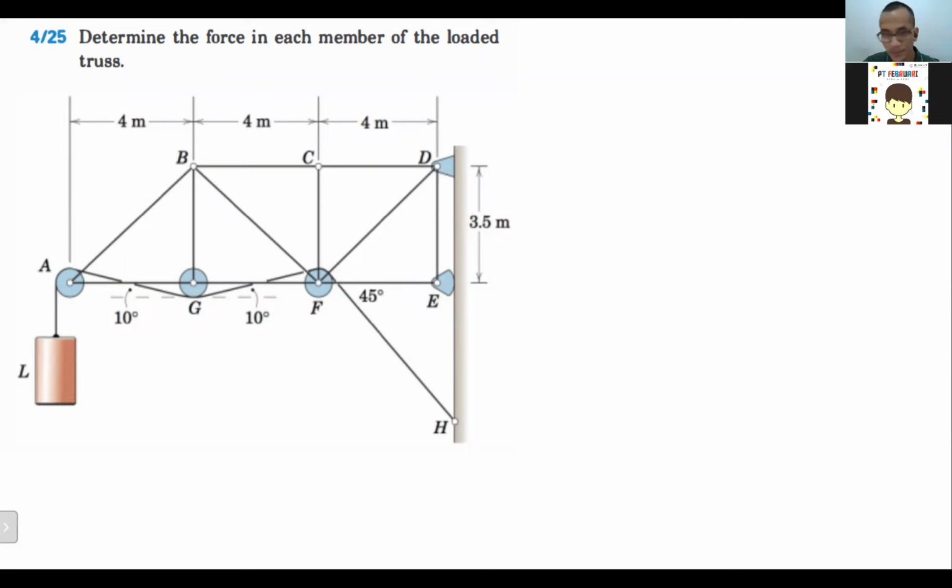About the section method, does anyone here want to ask a question first? Then after that, I will discuss some problem examples before discussing the final theory about the truss system.